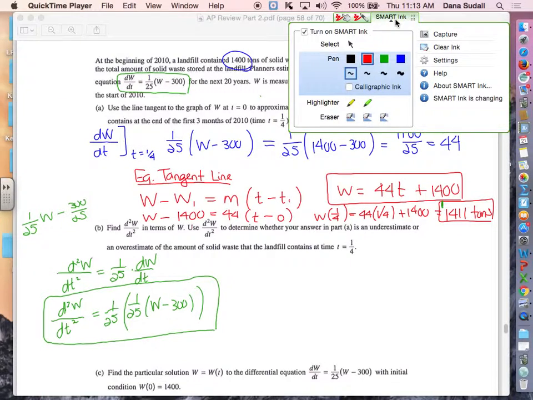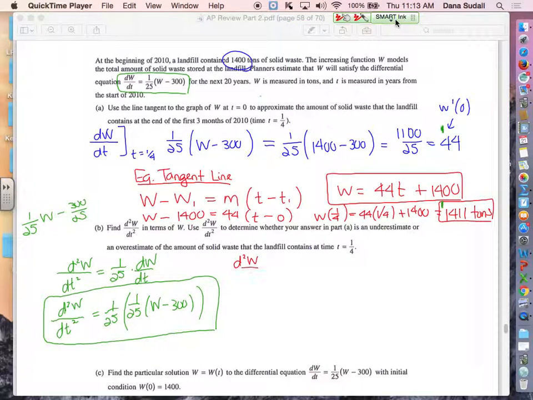So if we want to, I would simplify this. I don't like all of these parentheses here. I would probably rewrite this as 1 over 625. And if I distribute that through my parentheses, I would have 300 over 625. Oops, I missed my W. So 300 over 625.